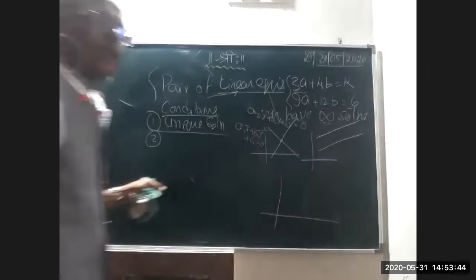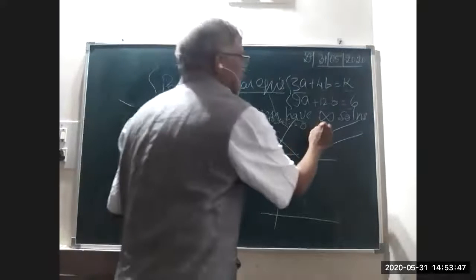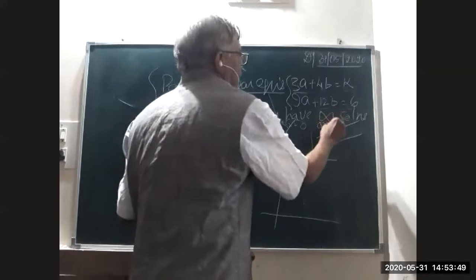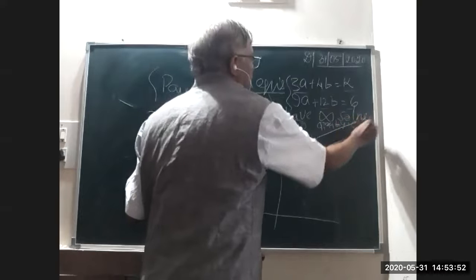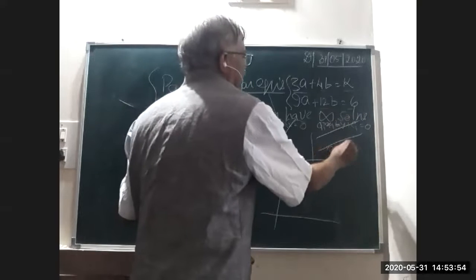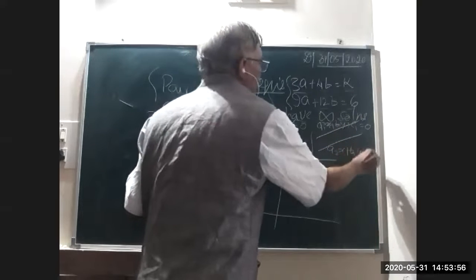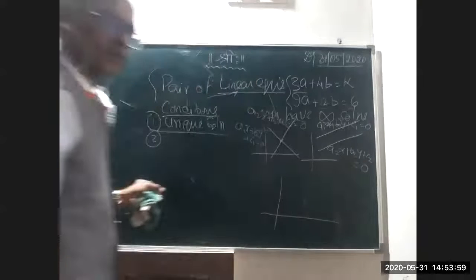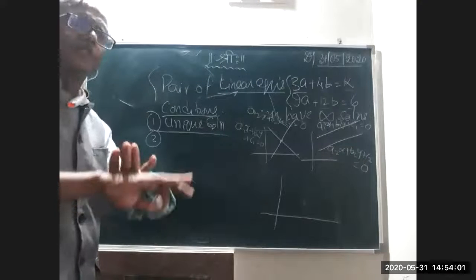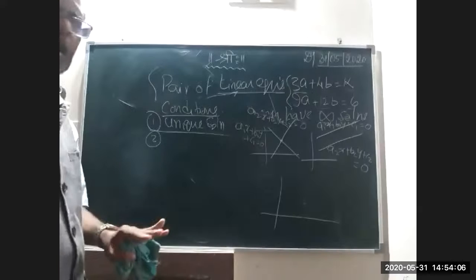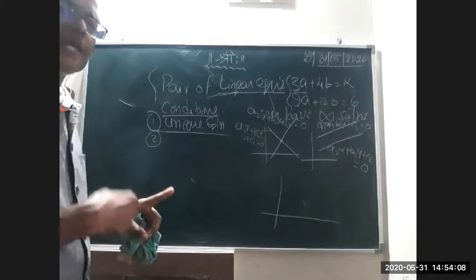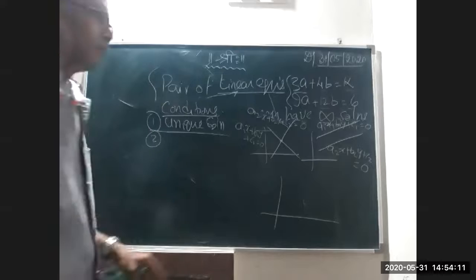Now, the second one is supposing these two equations are parallel. First equation is a1x + b1y + c1 = 0. Second equation is a2x + b2y + c2 = 0. I am putting generic equations every time so that you are able to understand the general format of linear equations.